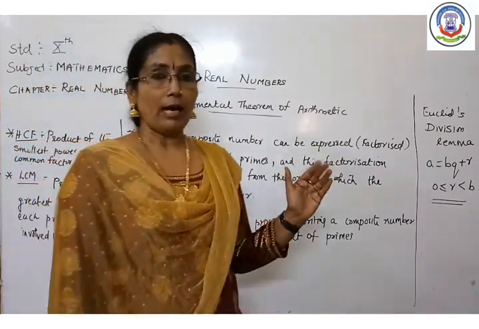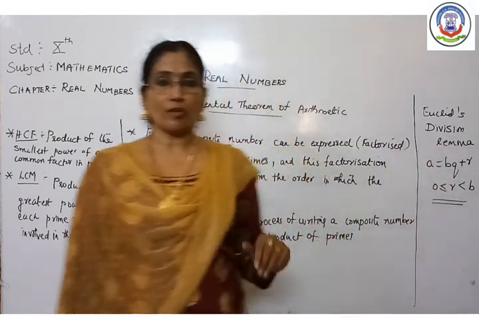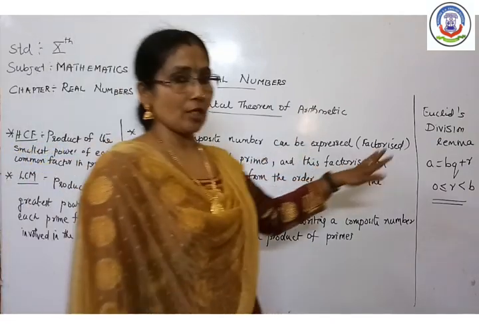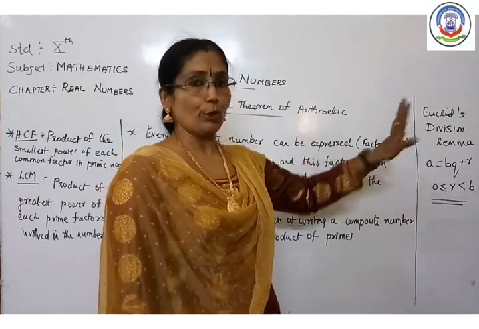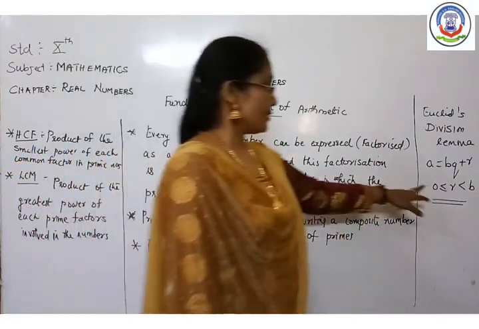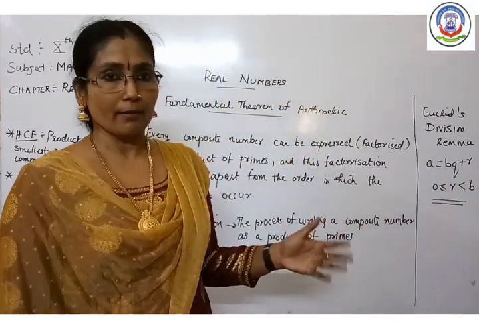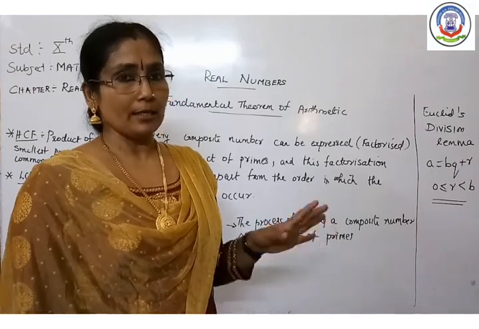In the previous lecture I explained to you about Euclid's division lemma. If a and b are two positive integers, we can write a is equal to b into q plus r, where r is 0 less than or equal to r less than b, where a and b are the dividend and divisor, q is the quotient and r is the remainder.